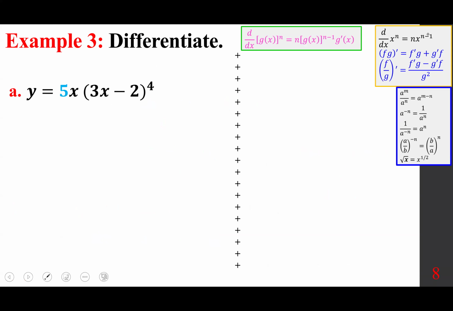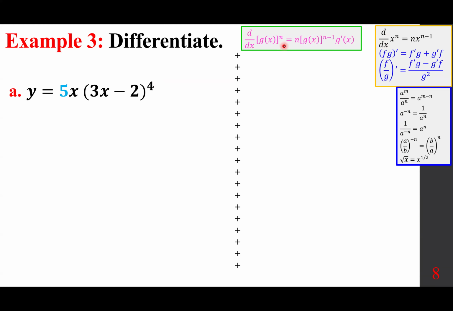All right, so y is 5x times 3x minus 2 to the power of 4. And I want to remind you of the power rule, the product rule, the quotient rule, and this is part of the chain rule, the extended power rule.